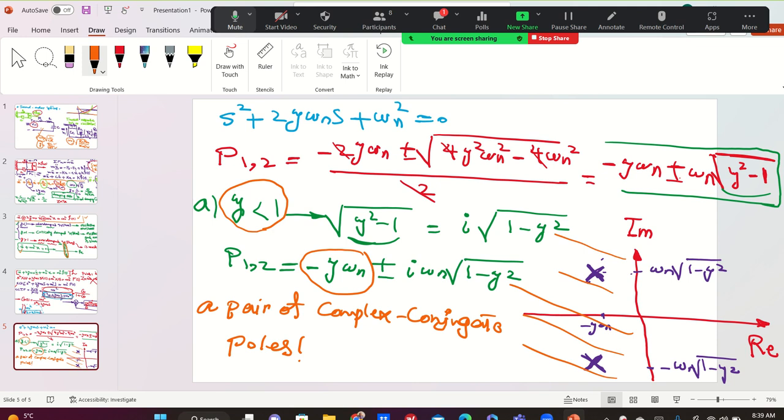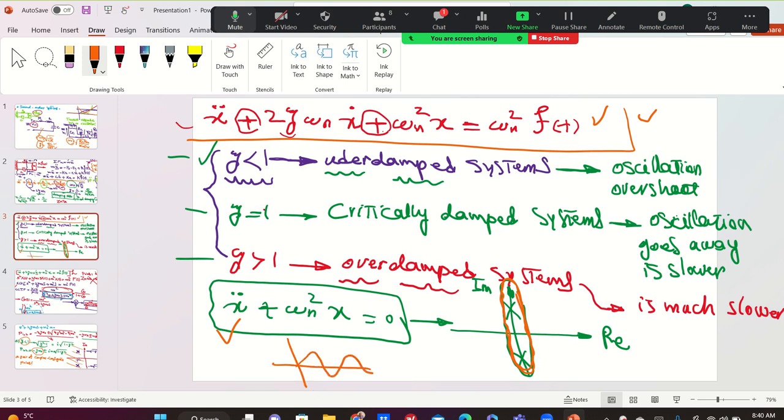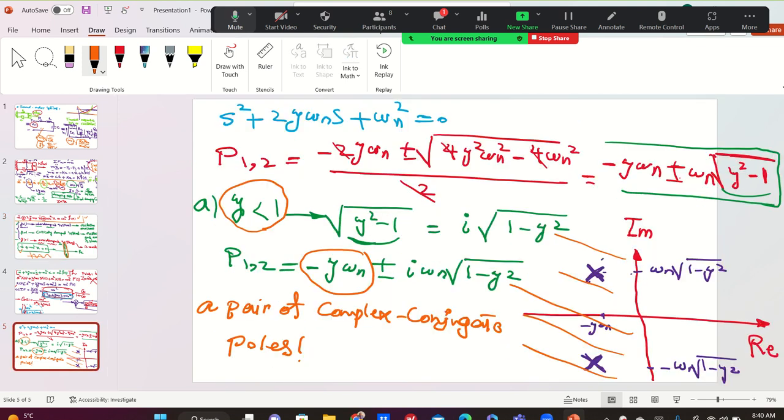See what I'm saying? So you are telling me that a system with pure imaginary poles is marginally stable, meaning oscillating forever. Then you are telling me now that a system with real and imaginary poles, a pair of complex ones, is again marginally stable. Why is that?